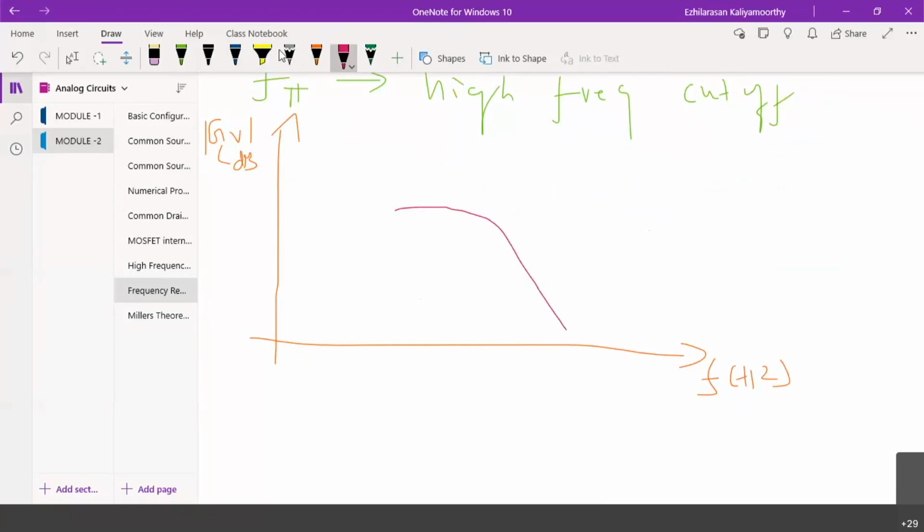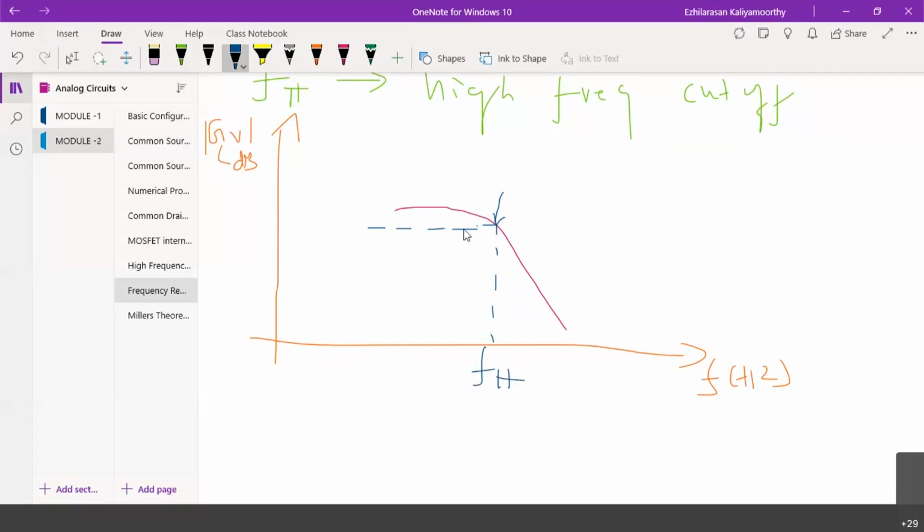In this response, we can see this portion, where exactly the frequency is reducing here. That portion is nothing but FH. Until that it is passing, it will allow the high frequency components. It is constant here.